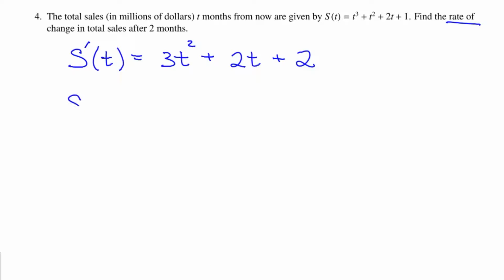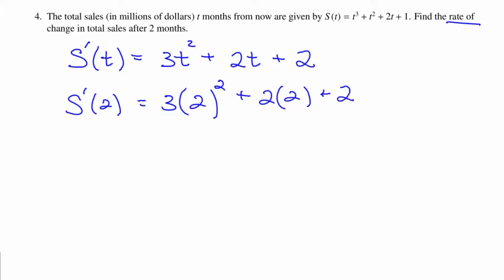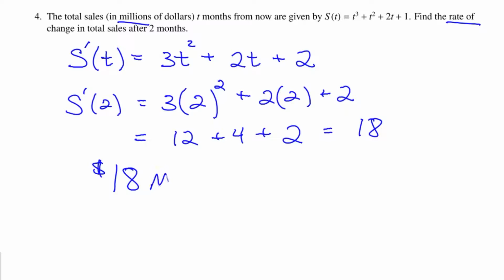And we evaluate at 2 months. Plug in 2. And we get 12 plus 4 plus 2 is 18. And so that means the rate of change is $18 million per month.